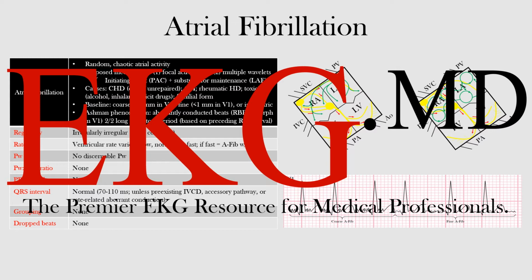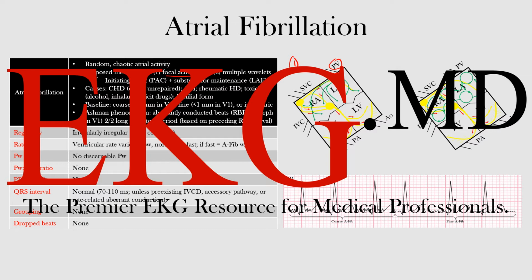So if you look here, this is our first mechanism, which is called focal activation, and here is our pulmonary vein, and oftentimes it originates somewhere in that region. Because of that, we have an initiating area that just gets irritated and starts setting off the rhythm. So this focal activation from one area is what's leading to atrial fibrillation.